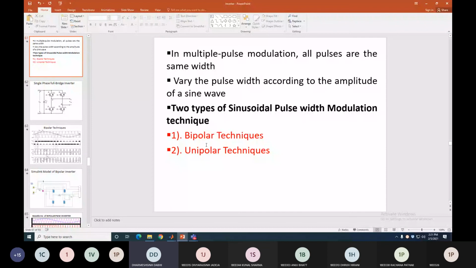Clear? So please be serious and do the simulation and upload it after doing this simulation of the bipolar technique before the next lab session. Okay? So today I will send this assignment section for this bipolar technique simulation in which you upload the simulation of bipolar. Clear? All of you understand this?